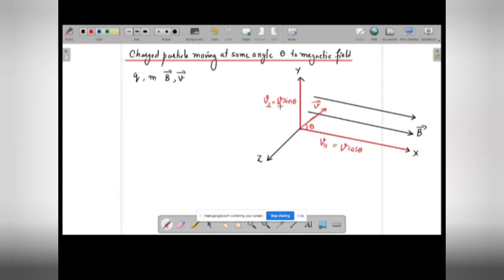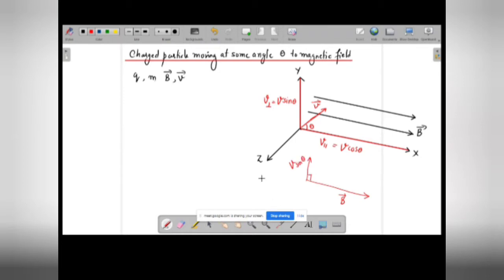So now v perpendicular, that is the perpendicular component of the velocity, will be responsible for the circular motion, correct? Since this component is at 90 degrees, see, this is magnetic field B, and this component, v sin theta, the perpendicular component, is at 90 degrees.